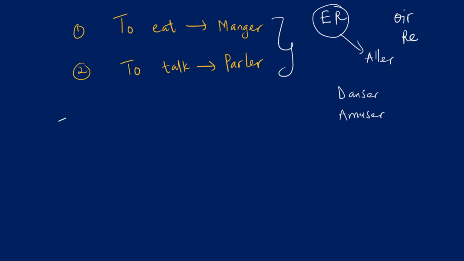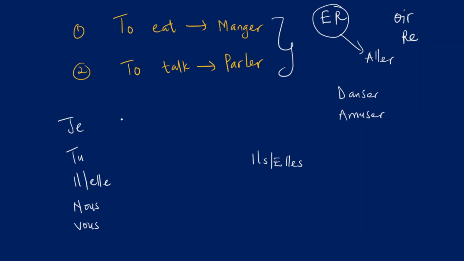So if I have je, tu, il ou elle. Ou here means for. Il ou elle. Nous, vous, and il ou elle.